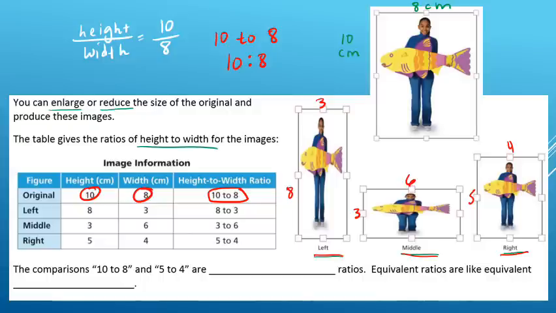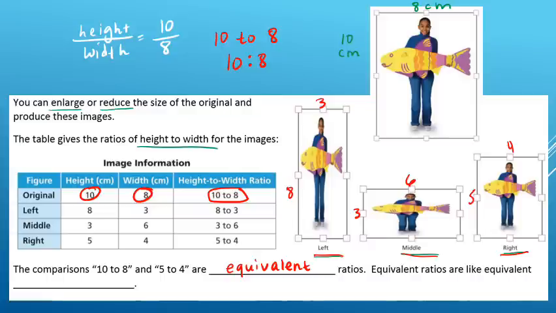One thing you might notice here is that the ratios 10 to 8 and 5 to 4 are equivalent ratios. You might notice that the size is different between these two images. However, the ultimate shape of the images is the same.